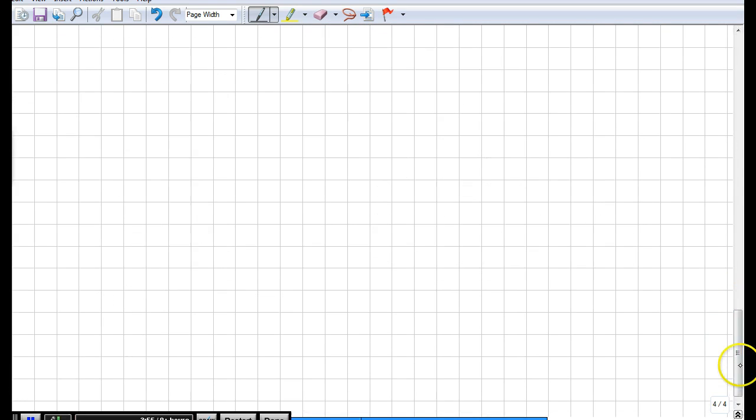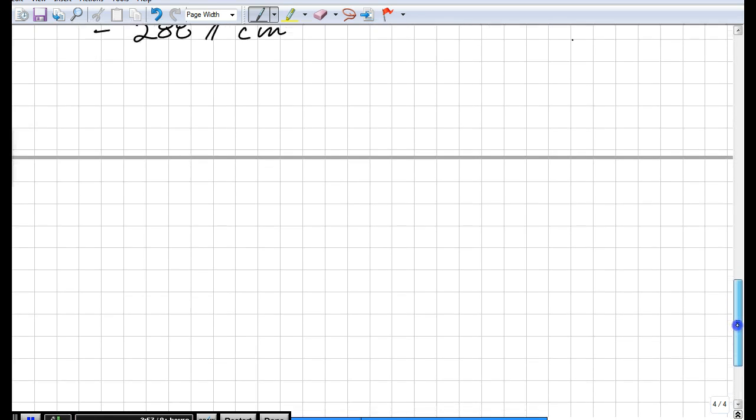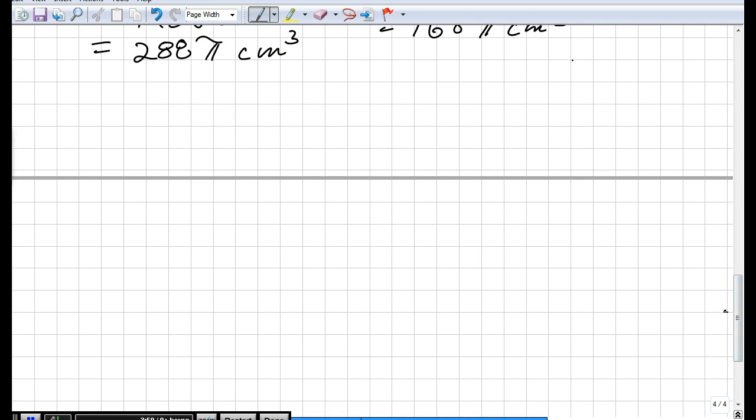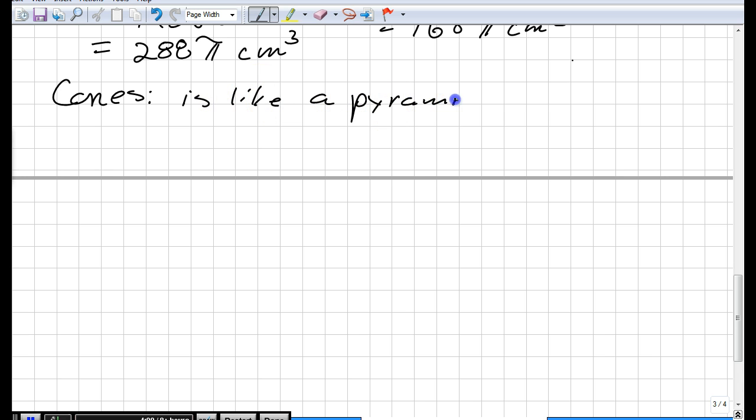All right, so then that brings us to cones. Okay, so a cone is like a pyramid, except the base is a circle.